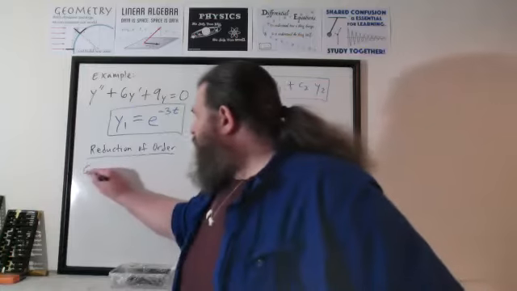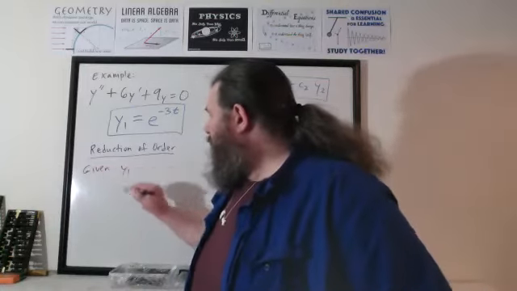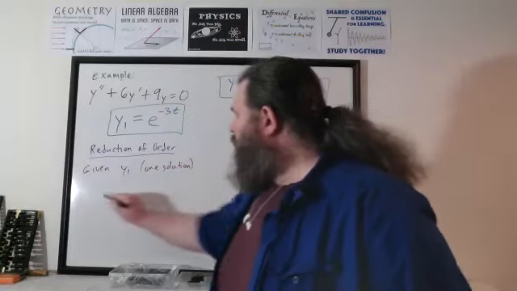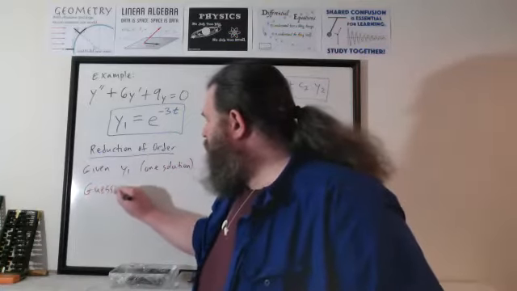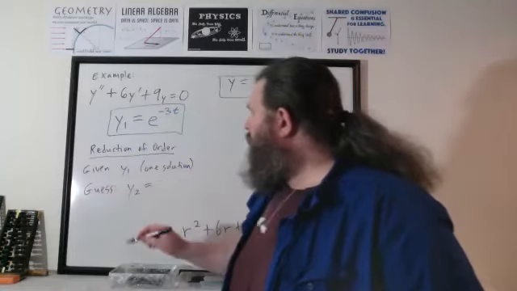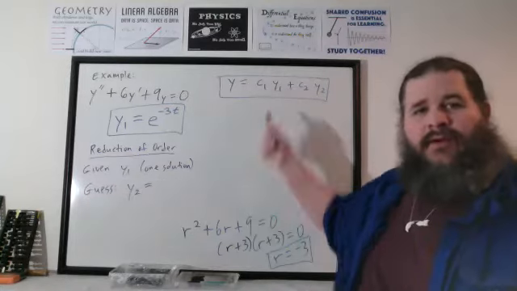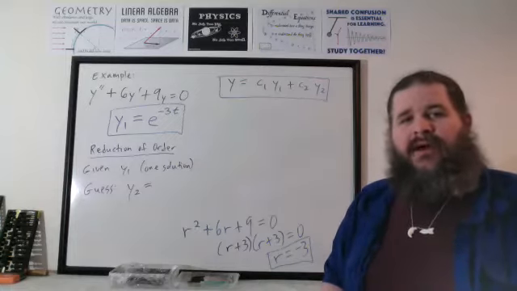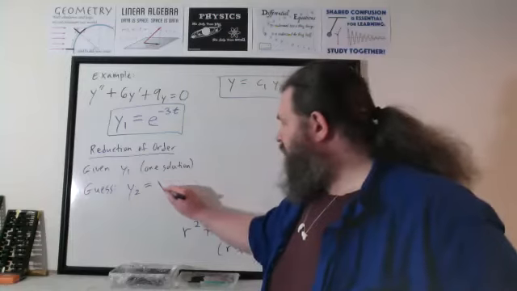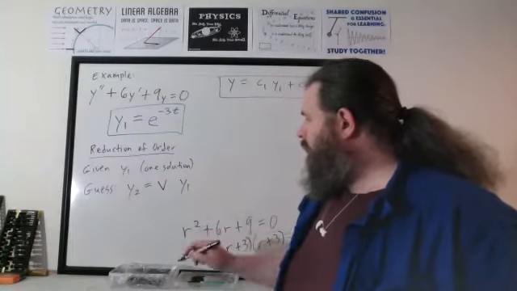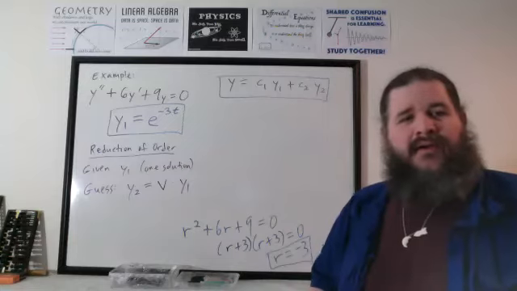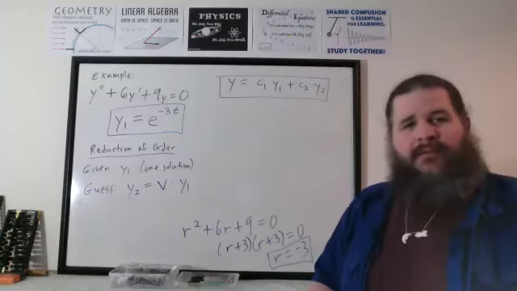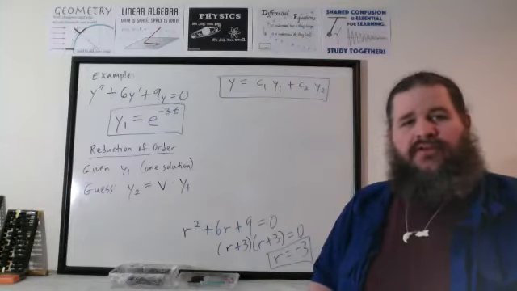The typical guess is, if you're given y1, that is one solution, you make the guess that y2, because we know that any scalar multiplier of y1 will be a solution, is some unknown function v times y1, where v is an as yet unknown function of t. In practice, v is just whatever multiplier will turn y1 into another solution y2.